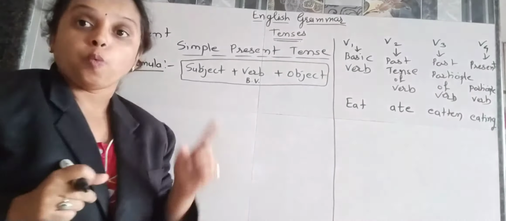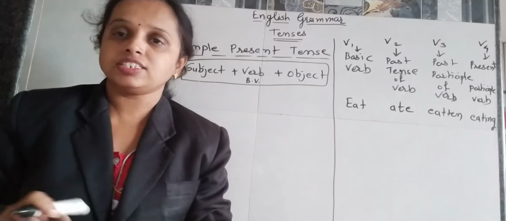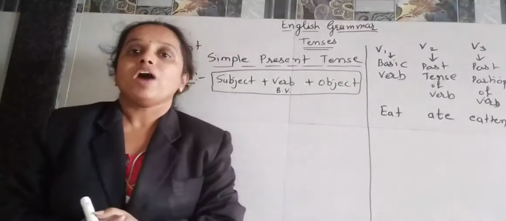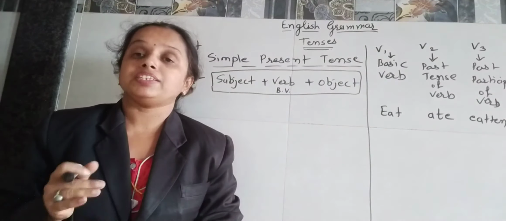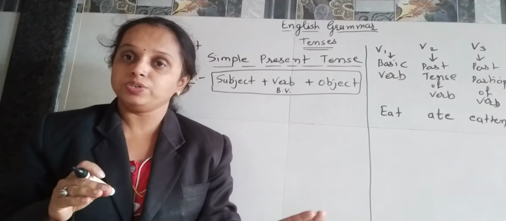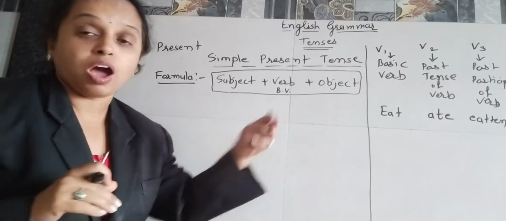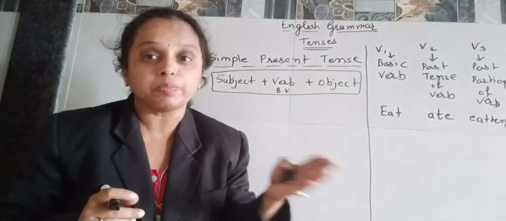Here one thing changes while using the simple present tense: for he, she, it we use S with the verb. That is called the third person.